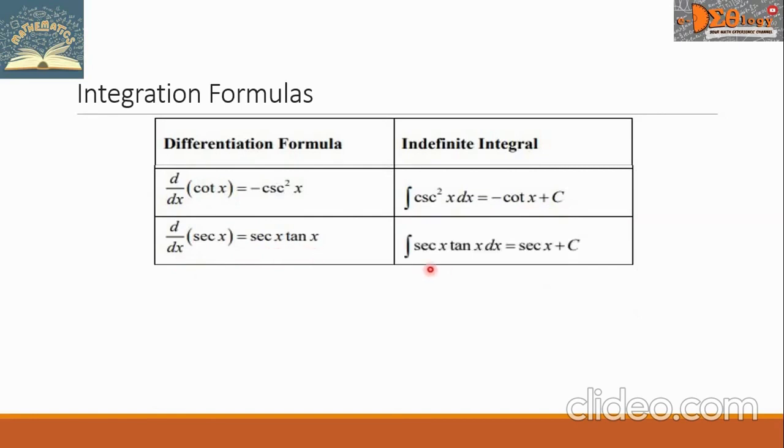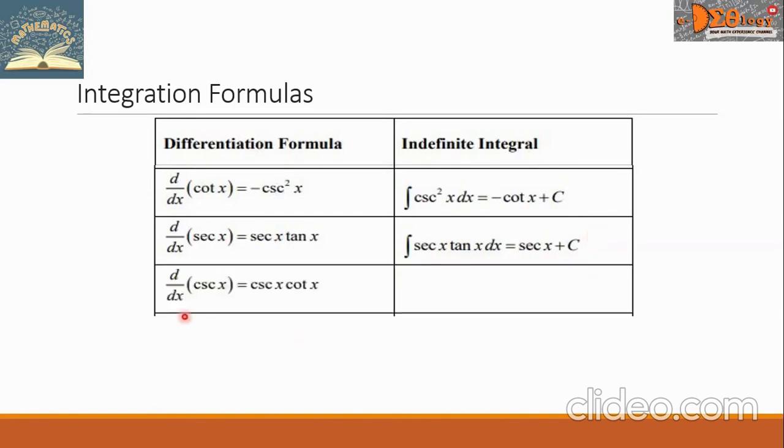The integral of secant x times tangent x dx equals secant x plus c. The derivative of cosecant x equals negative cosecant x cotangent x. The integral of cosecant x times cotangent x dx equals negative cosecant x plus c.